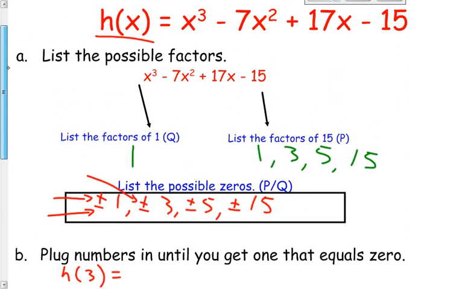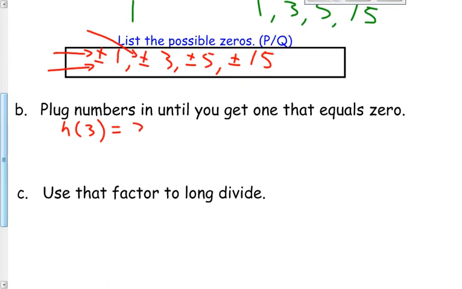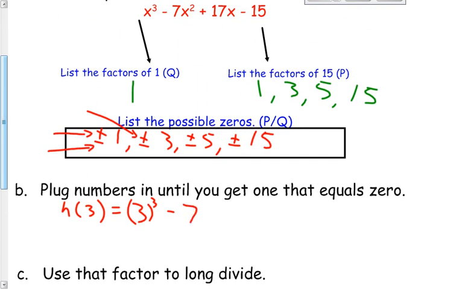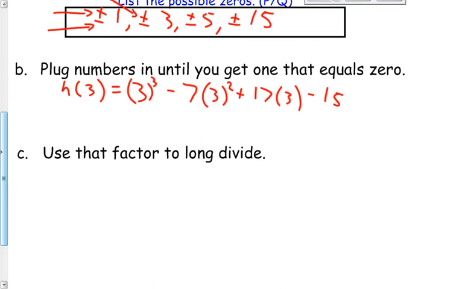We can do 3. So it's 3 cubed minus 7 times 3 squared plus 17 times 3 minus 15. So let's continue simplifying now. 3 cubed is 27.